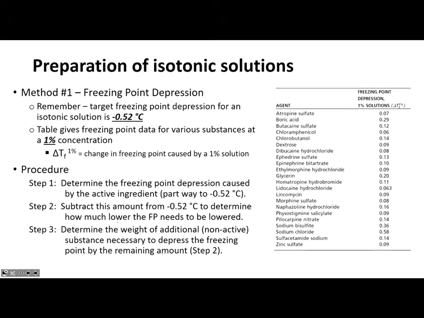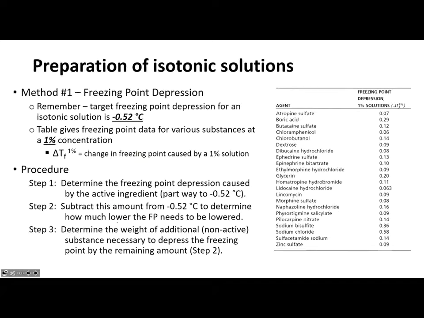I'm not worried about isotonicity. The amount of active ingredient is the amount in that solution to produce its therapeutic effect. The problem is that concentration is not usually enough to make the final solution isotonic. So we need to know how much isotonicity or what tonicity comes from the active ingredient at the concentration we have to have, and then add to it whatever we want.